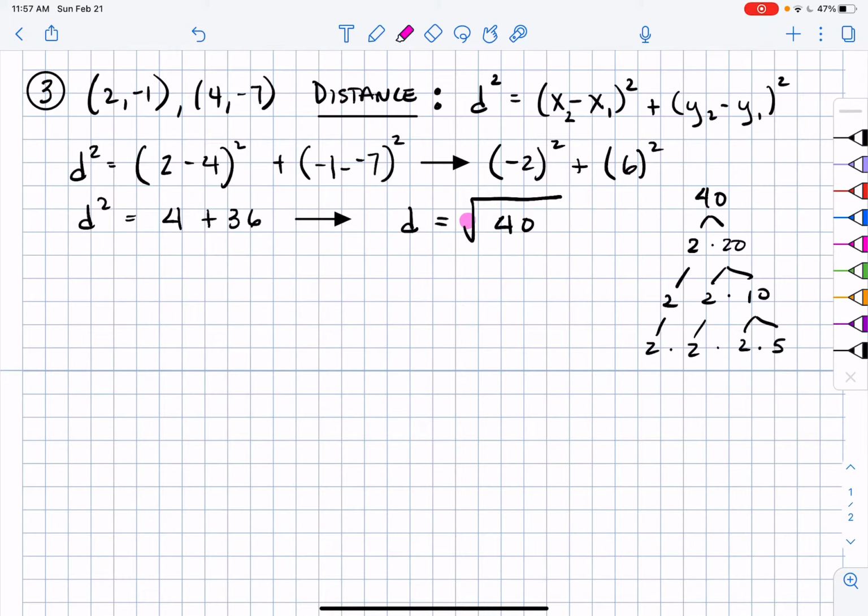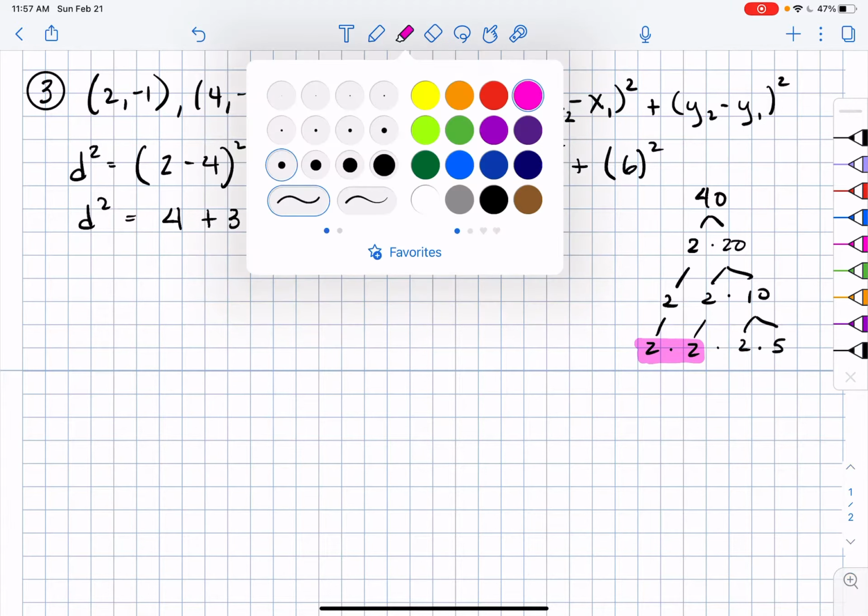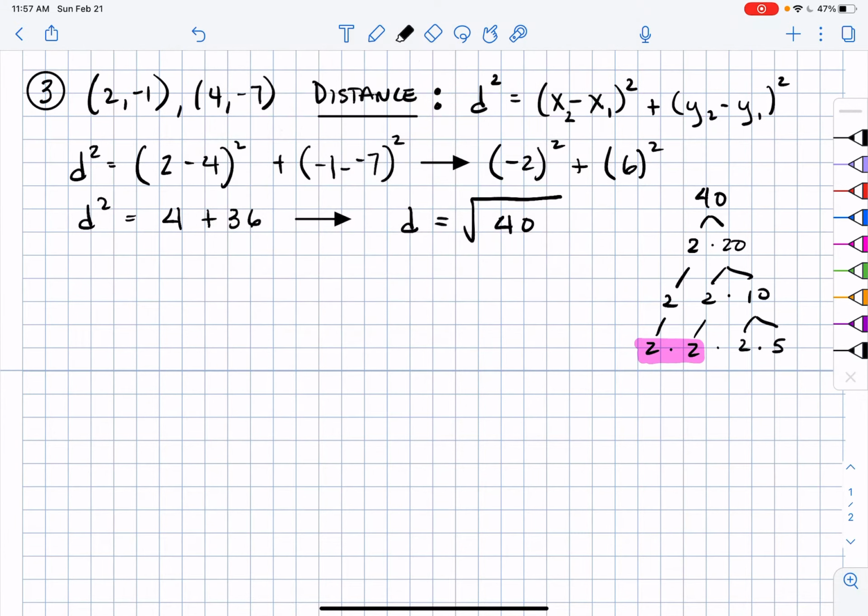So we're looking for pairs, and right here we have a pair of 2s, and then we have left the 2 and the 5. Because the 2 and the 5 don't have a pair. There's not another 2 in there. There's not another 5 in there. So those guys can't come outside the house.